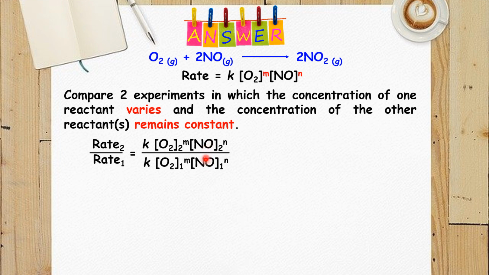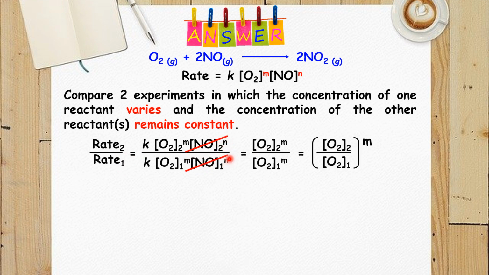Based on the table, the concentration of NO that remains constant is in experiment 1 and experiment 2. So we just compare, and we can cancel out the NO term since it is constant and has the same power.